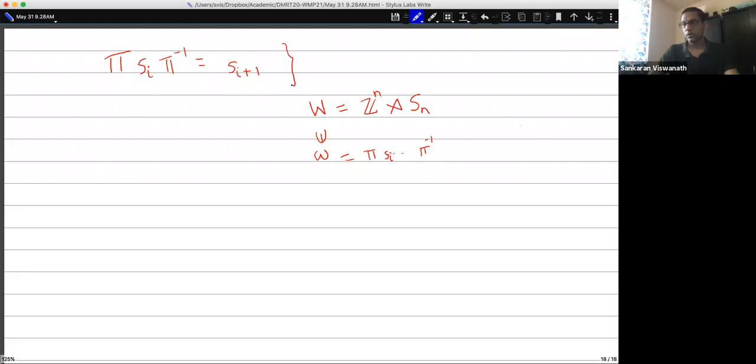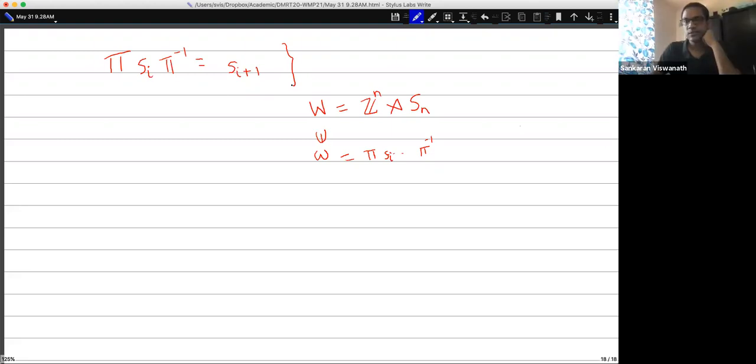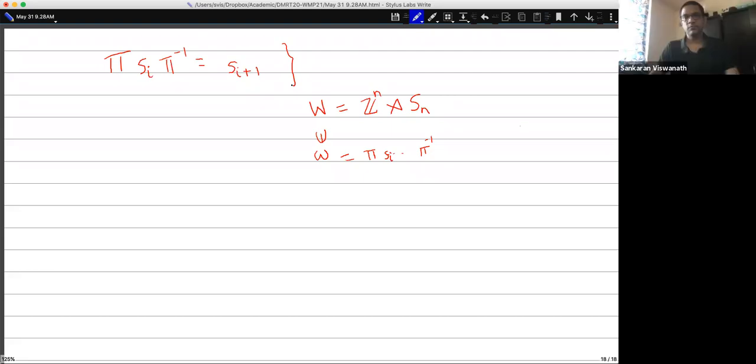I don't know, it's probably not too hard to prove that. So was this proved during the tutorial, Venkatesh? No, we didn't reach there. Oh, I see. Maybe something to try. It's not difficult because you can use that relation to move all the pi's to the left and then use the usual braid relations and then move the pi's back. Okay. Something that we should certainly try during the tutorial.